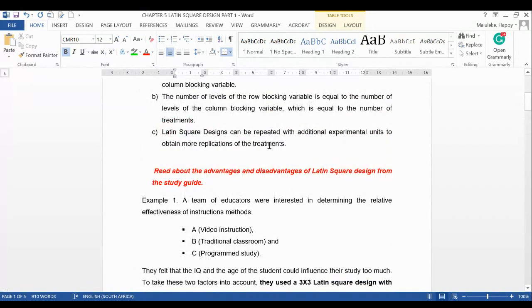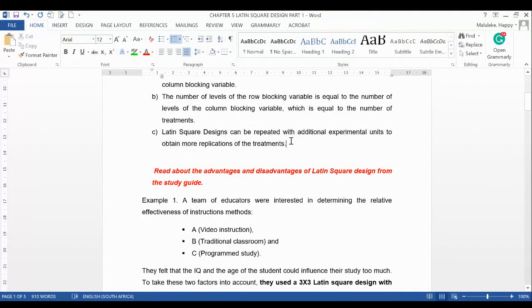Latin square design can be repeated with additional experimental units to obtain more replications on the treatment. This will be covered in the next section.